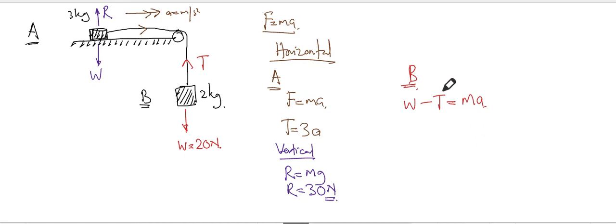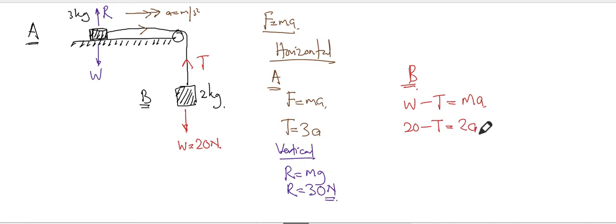Using Newton's second law, the net force is the weight going down, 20 Newton, minus the tension, which I don't know. That gives me the mass times acceleration, where m is 2 kg and I don't know a.